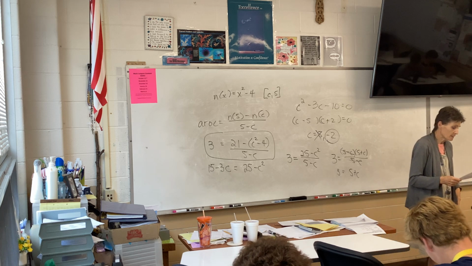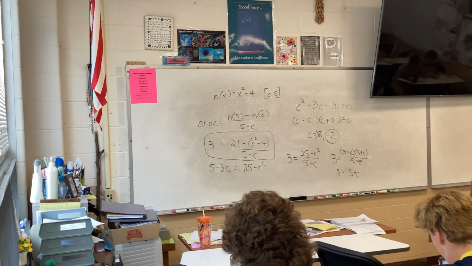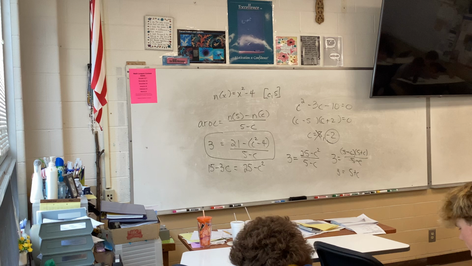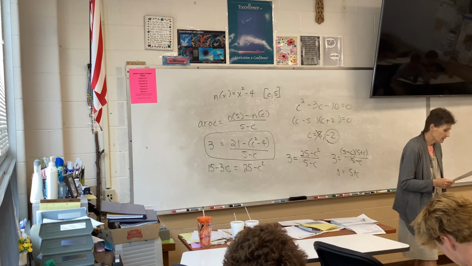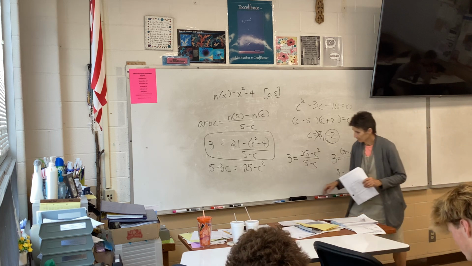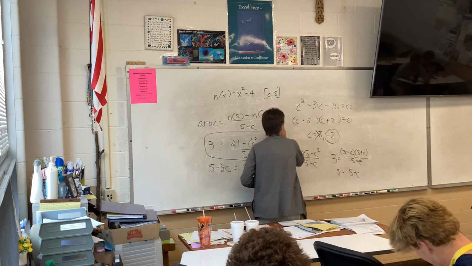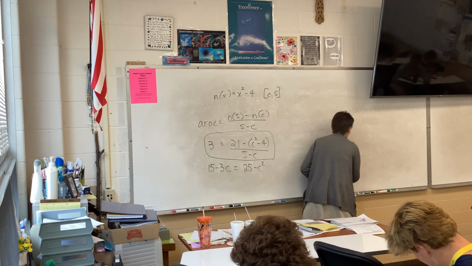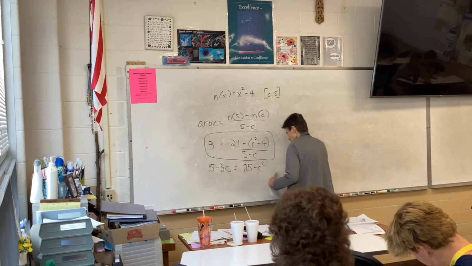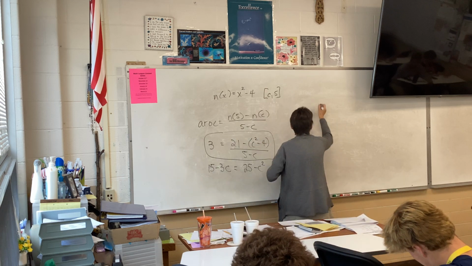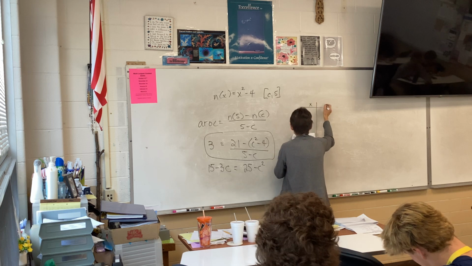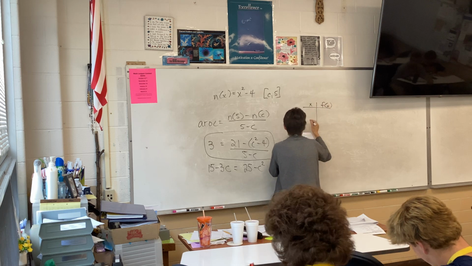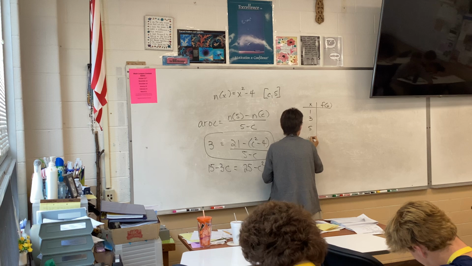Worksheet 1.3, here we go. Determine if the function could be linear, quadratic, or neither. The first thing your beady little eyes need to pay attention to is those input intervals. We're going from 1 to 3 to 5 to 7 to 9.